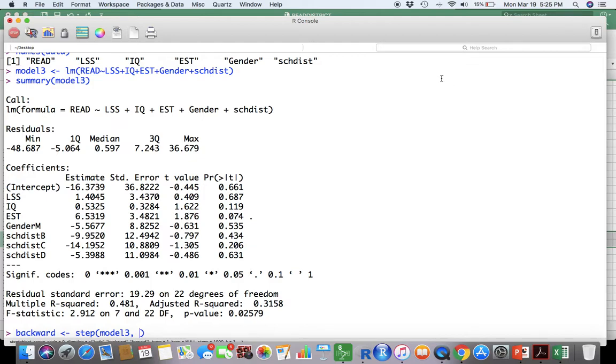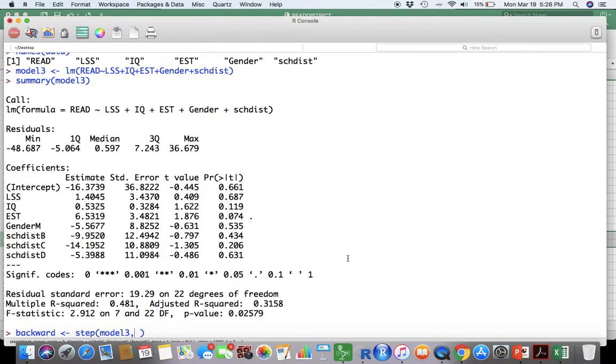So what it's going to do is it's going to use an algorithm, use the AIC stopping criteria, and it's going to probably delete LSS first because it has the highest p-value. It's going to reassess the model, use inference, and keep going until the stopping criteria is satisfied.